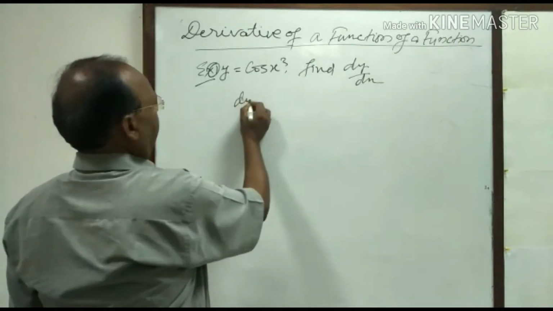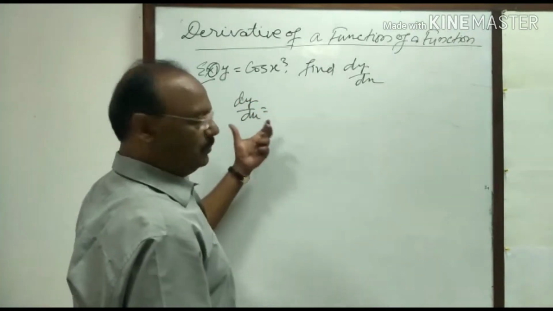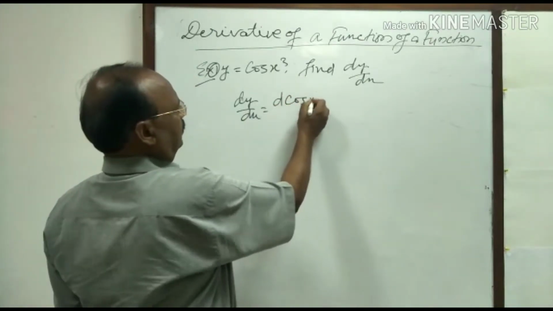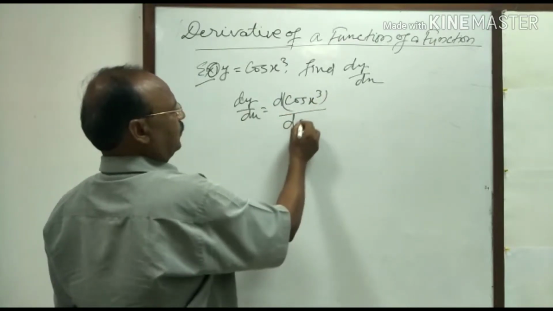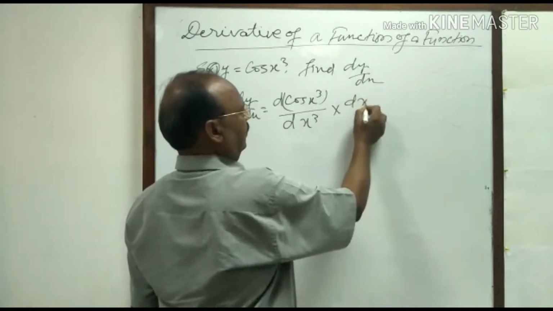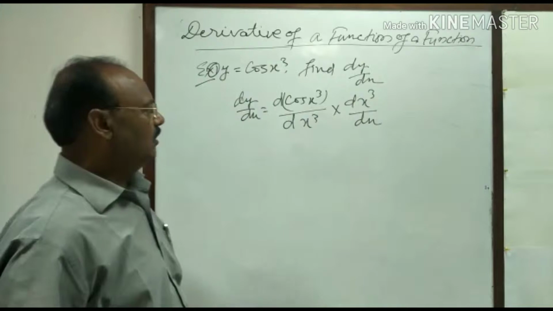So here derivative of y with respect to x can be obtained by getting derivative of cos x cube first with respect to x cube into derivative of x cube with respect to x.